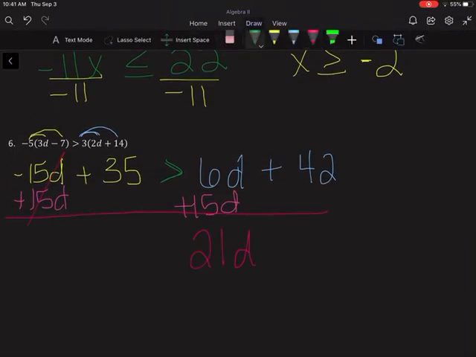And then everything else gets dropped down. And then I'm going to move this 42 over to here, minus 42.